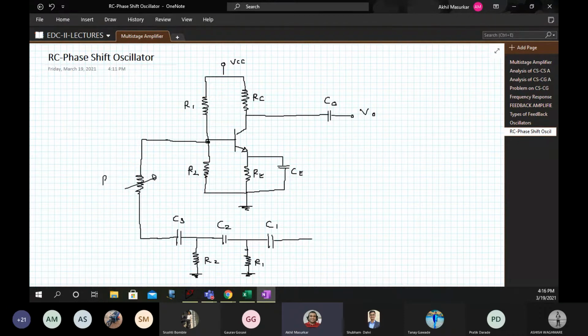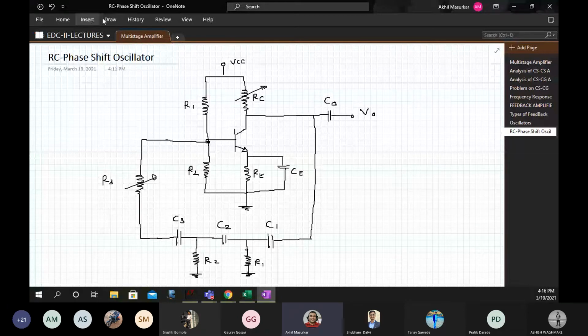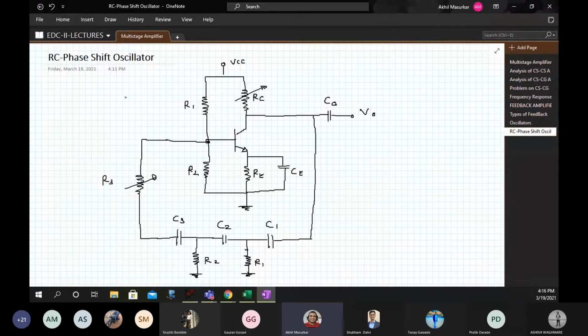This will make it a variable resistance, and this also will make it a variable one, and connect this here. So you can see that the circuit is actually divided into two parts.